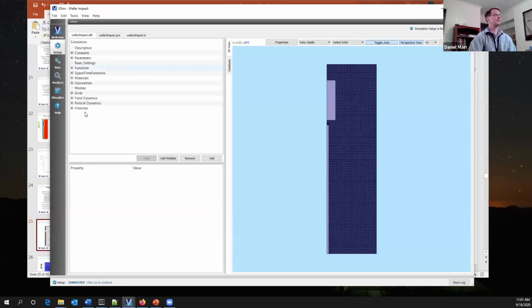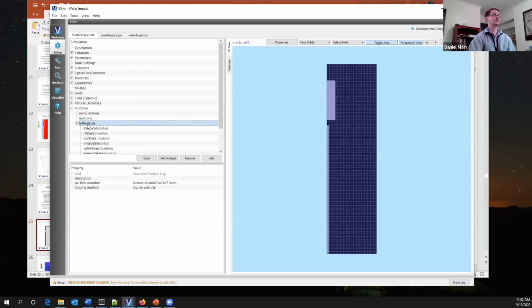For that, let me go back and show you this history. In the visualization window, if I right click here, I go to add log history, and the actual history is called absorbed particle log. I already created one, and I called it left ion loss. If I click here, I can add a particle quantity. Say I want to add position.